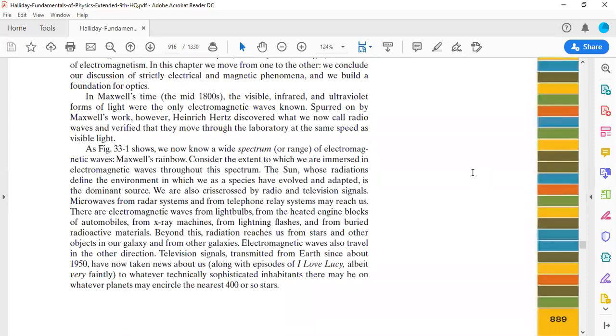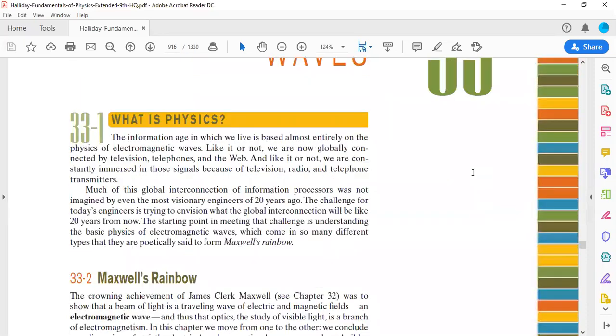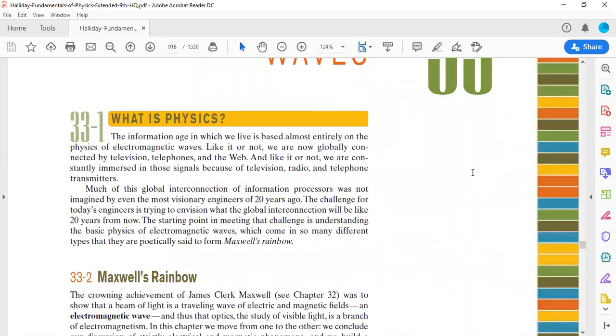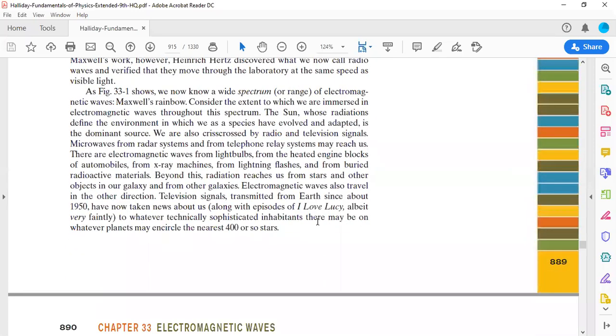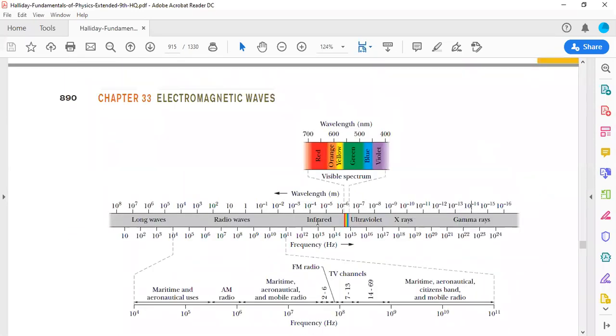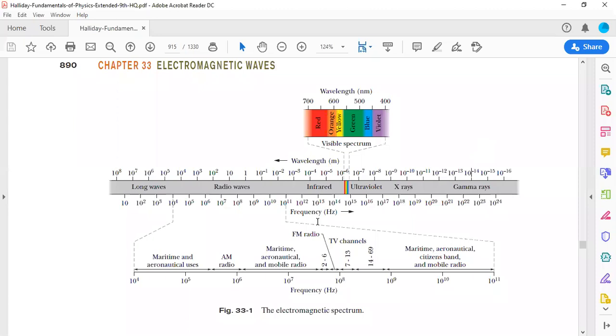So now here you have to prepare a comprehensive note or assignment, write some story over the electromagnetic spectrum and its significance, its different components, the different portions.